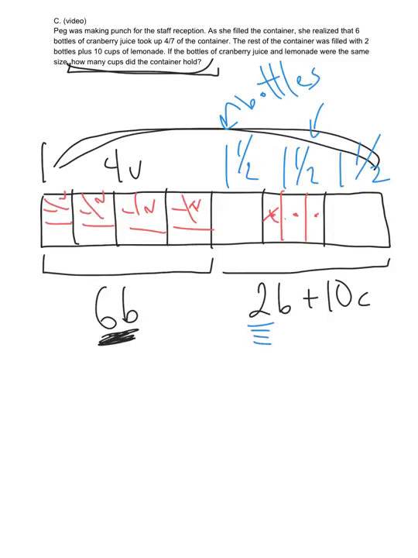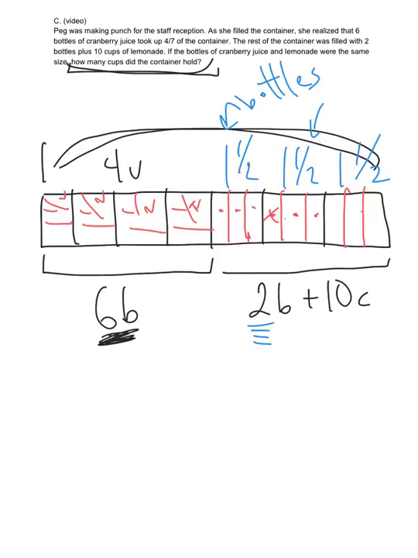So, wait a minute. Let's just go ahead and do that to the rest of these. Let's do that to these two. I'll do it to these guys over there in a second. So 1.5 bottles. Okay, 1.5 bottles. Here's a half, here's a half.